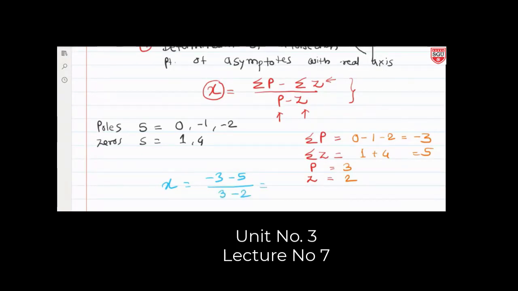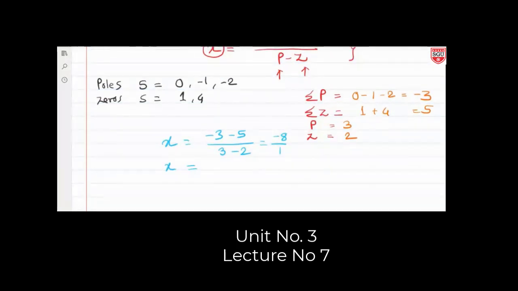So it will be 2 divided by 1, so x will be equal to 2. Means on that plane, wherever that point is, this asymptote will cut the axis.